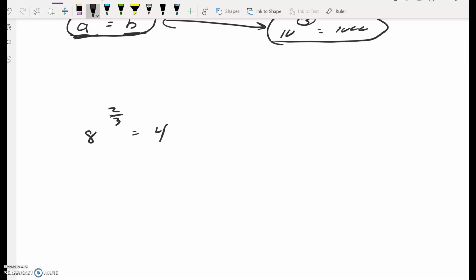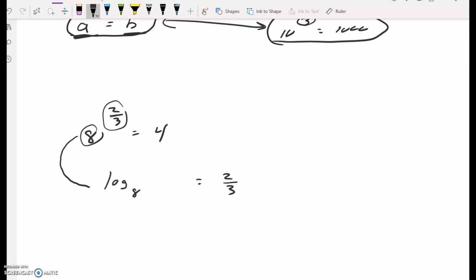But can we go the other direction from the previous problem? Can we take an exponential equation and write it with a logarithm? So we're going to have a logarithm, and that logarithm is an exponent, and the exponent in this problem is 2/3, so we're going to probably have 2/3. The thing that goes down below to the right of the word logarithm is the base. Looks like the base is going to be 8.